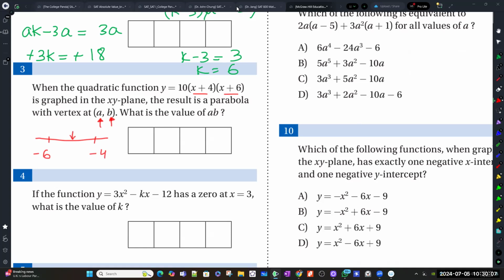The middle value is -5. So you know the vertex will lie on -5. Then you plug -5 back into the equation. -5 plus 4 times -5 plus 6 gives you 10 times -1 times 1, which is -10. So you multiply -10 with the -5, you get 50. That's another way of doing it.